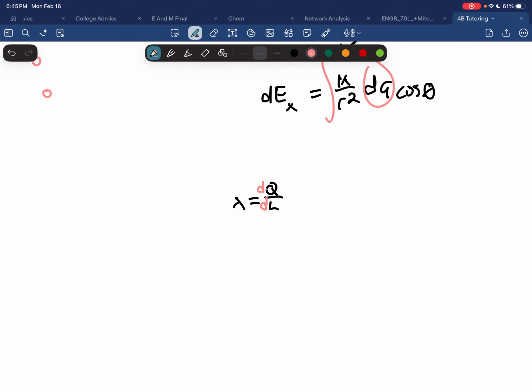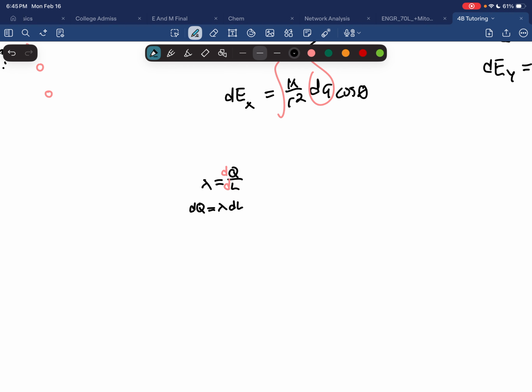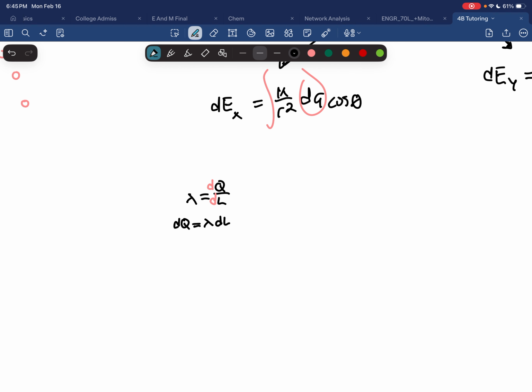Regardless, these are the same. It will still equal our lambda. And so moving this around, we have dq is equal to lambda times dl. And so substituting this in, dE sub x is equal to the integral of k over r squared lambda dl cosine of theta.